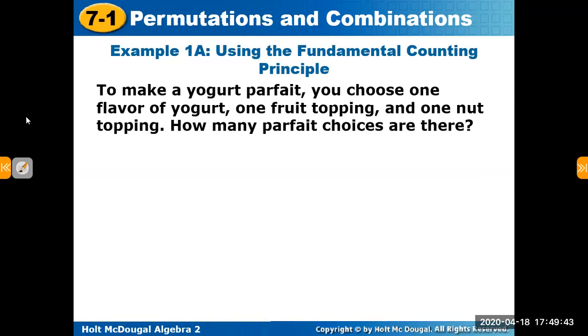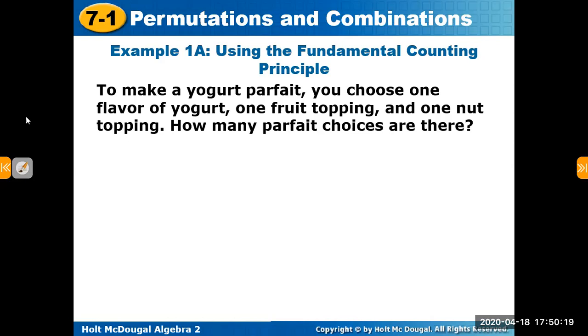So the question says, to make a yogurt parfait, you choose one flavor of yogurt, one fruit topping, and one nut topping. How many parfait choices are there? So you are making a yogurt parfait, and you have the choice of choosing one flavor of yogurt, one fruit topping, and one nut topping for a parfait.